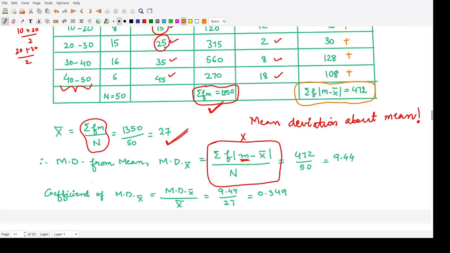So the mean deviation from mean is this 472 divided by the total frequency, that is 50. So this comes out to be 9.44. And next is the calculation of coefficient of mean deviation about mean. So that is the mean deviation about mean divided by the mean itself, and the mean was 27. So our final answer is 0.349.